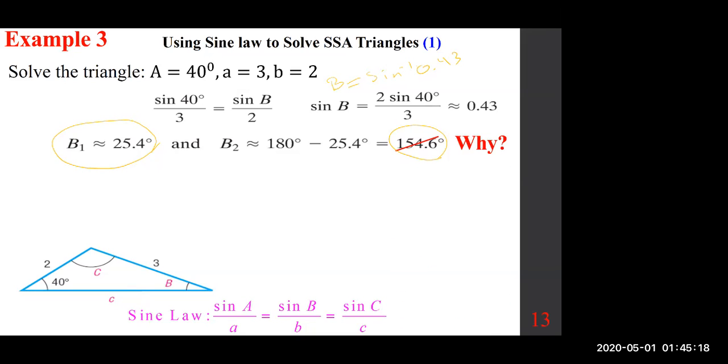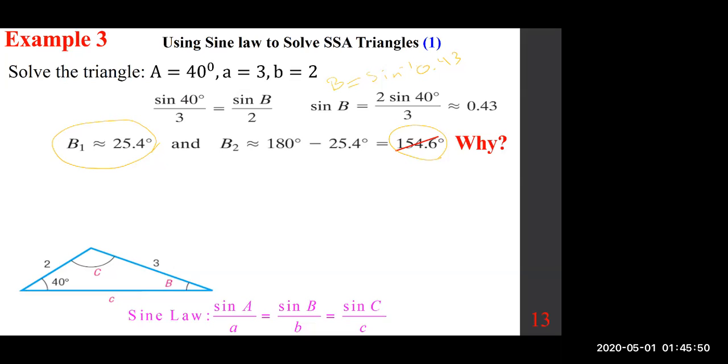However, 154.6 is out. Can anybody tell me why 154.6 is out? Class, take a look at what we have done so far. There are two answers for angle B. I want everybody to see that. One of them is 25.4, one of them is 154.6, both of them less than 180.